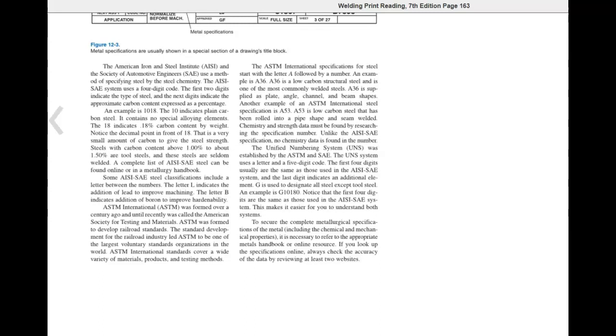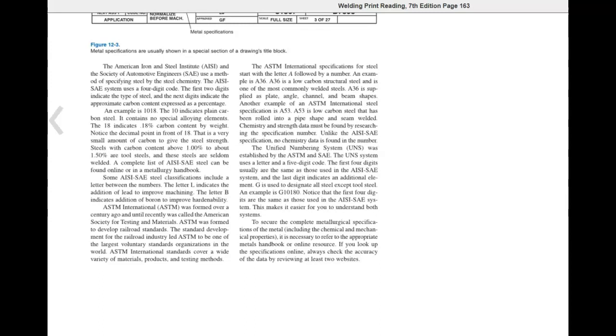The Unified Numbering System, or UNS, was established by the ASTM and SAE. The UNS system uses a letter and a 5-digit code. The first 4 digits usually are the same as those used in the AISI SAE system, and the last digit indicates an additional element.